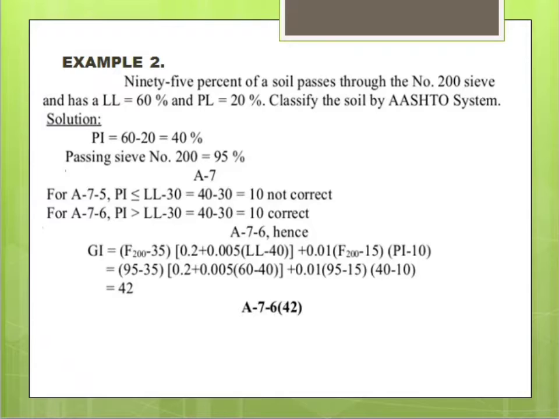Therefore, the soil is classified as A-7-6. Hence, for our group index, (F200 minus 35) times (0.2 plus 0.005 times (liquid limit minus 40)) plus 0.01 times (F200 minus 15) times (plasticity index minus 10). It will give us 42. So the final soil classification is A-7-6.